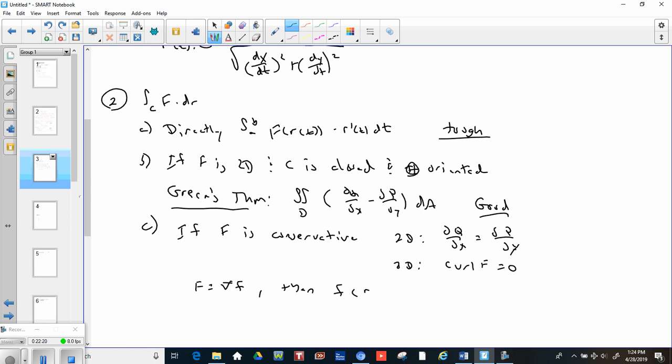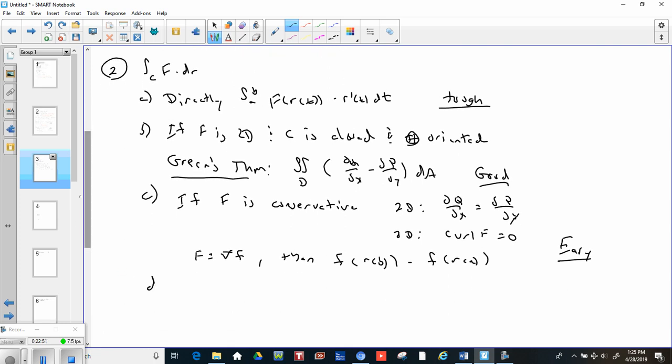Then we can do f of r of b minus f of r of a. This is a relatively easy method. Now you do have to be able to do your antiderivatives. And in 3 dimensions, remember, you have to deal with the whole partials backwards, but it's not too bad. It's actually one of the easier methods to do. It's one of the nicer ones.